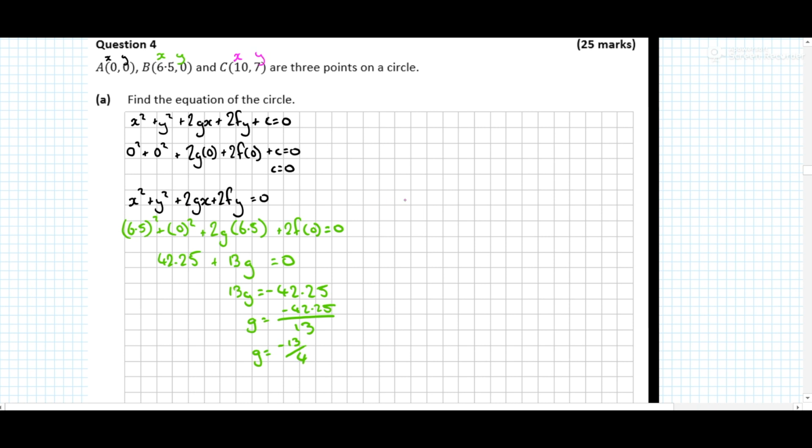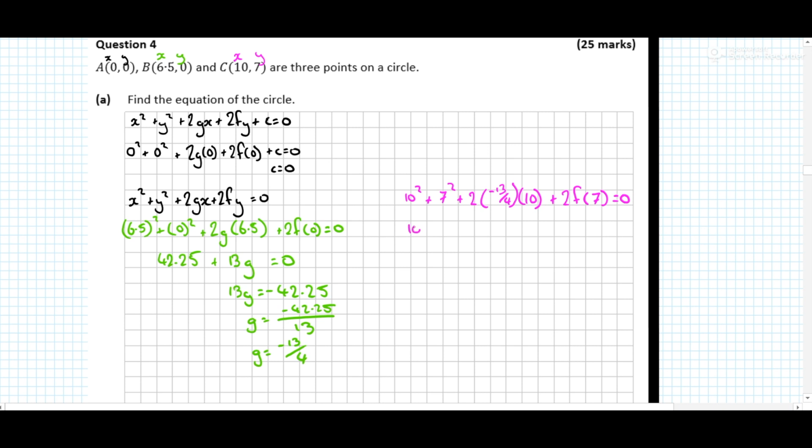And last of all, we want to go and find, using this, x and y. So 10 squared plus 7 squared plus 2. Now we know what g is. Minus 13 over 4 times 10 plus 2f times 7 is equal to 0.